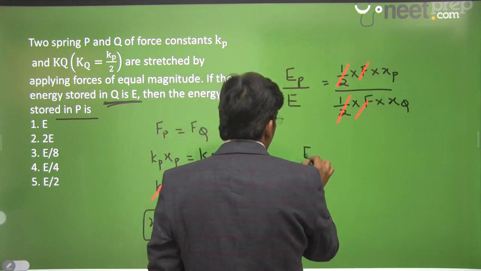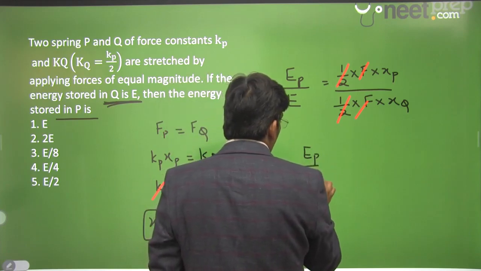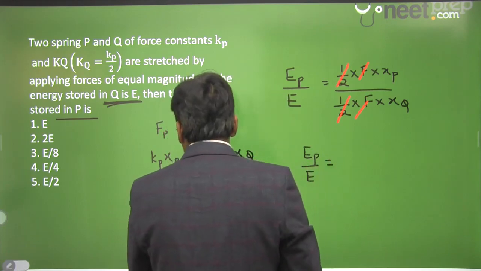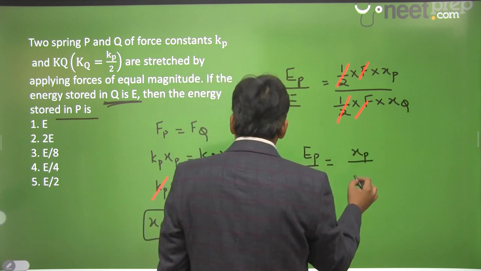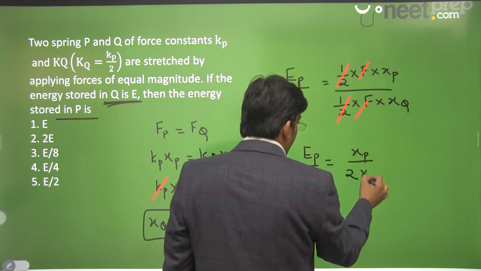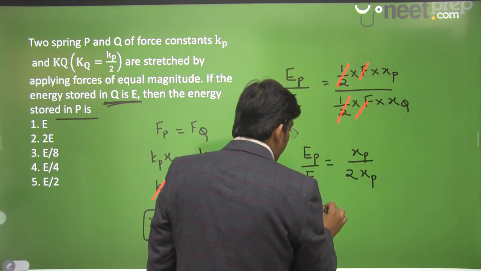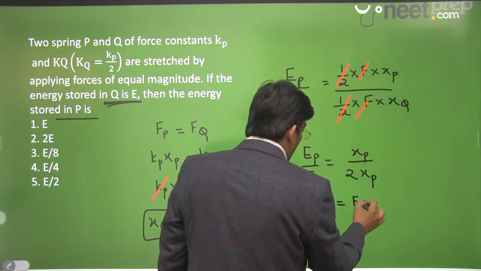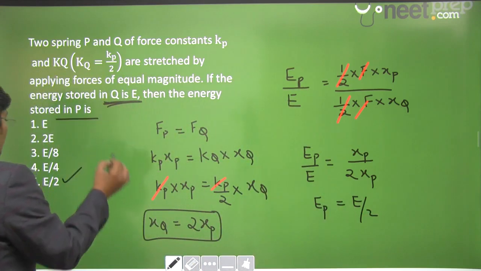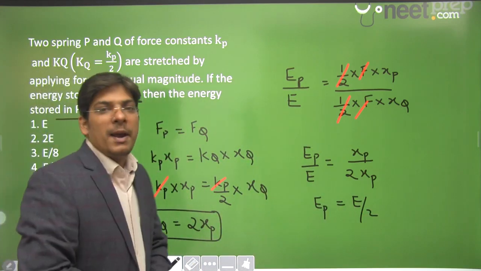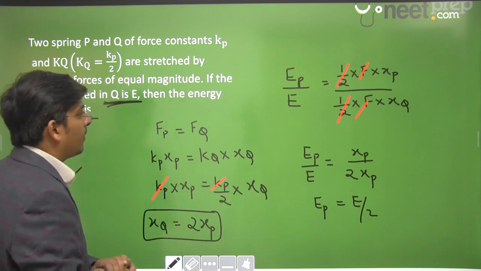Energy stored in wire P divided by energy stored in wire Q is going to be Xp by Xq. This is Xp. And Xq is, dear students, 2 times Xp, right? So energy stored in wire P is going to be E by 2. Do we have an option here? Yes, surely we have an option here. Option 5. Okay, no problem. E by 2. Right, dear students?